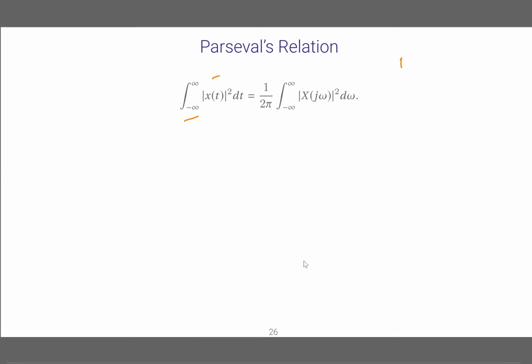As far as Fourier series was concerned, minus infinity to infinity should be replaced with the integral over one period, right? 1 over T integral over one period of modulus of x(t) squared dt turned out to be the summation of modulus of a_k squared. So you can see the similar relationship here.